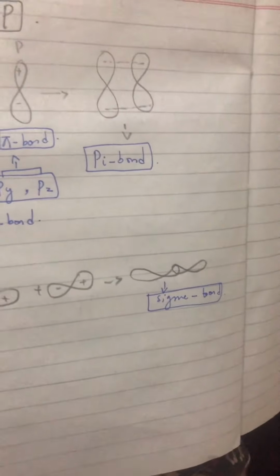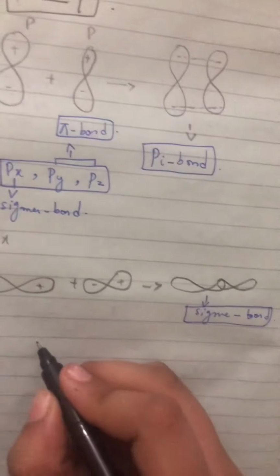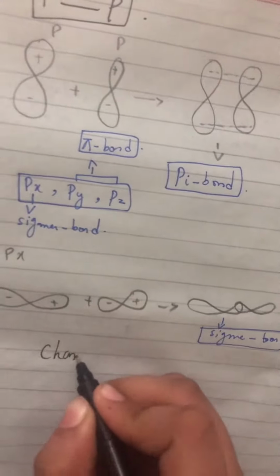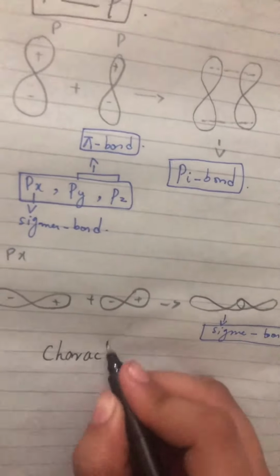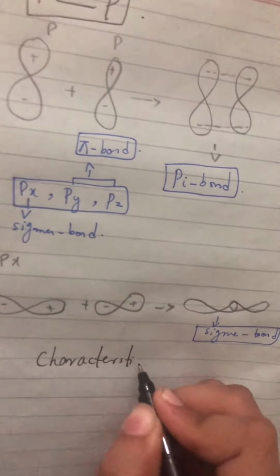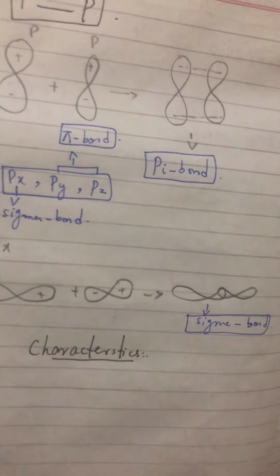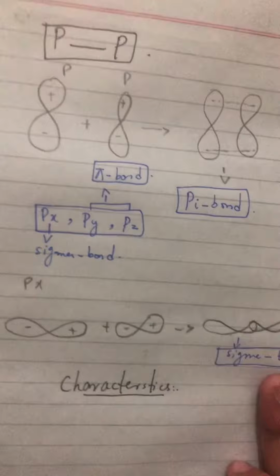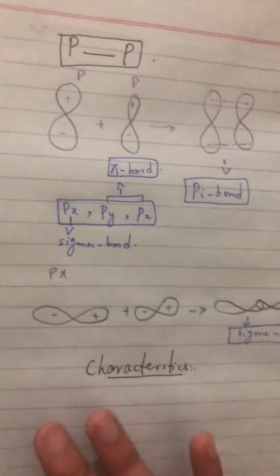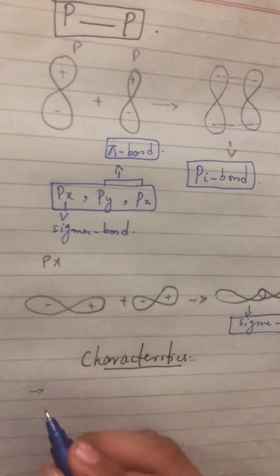After that, if we talk about the characteristics of sigma and pi bond, what will be the characteristics of sigma and pi bond? First of all, why do we use sigma and pi bond?